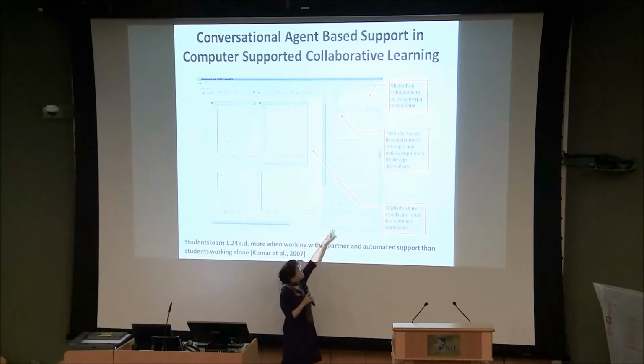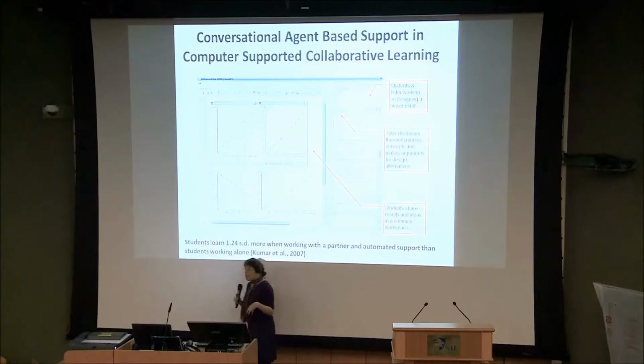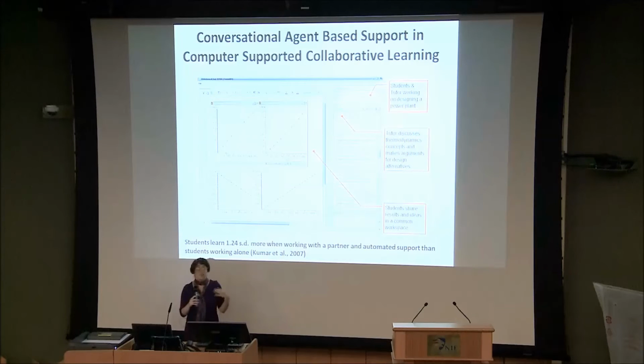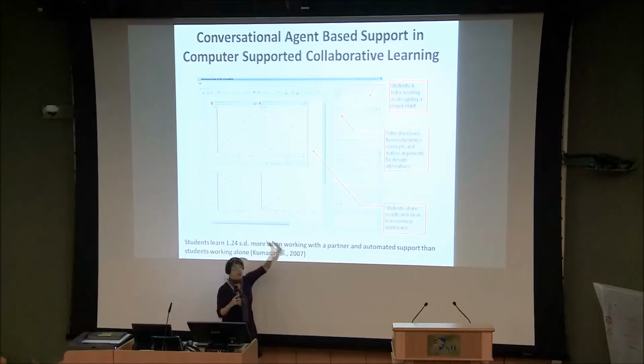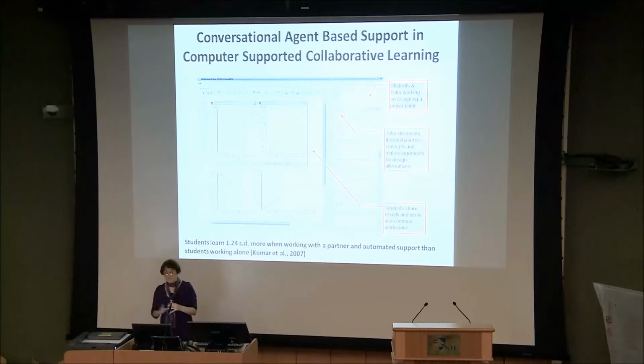But what's important, and what might be slightly difficult to see in this picture, is that we have also built conversational agents that are computer programs that act sometimes like fellow students or sometimes like instructors. And they interact also in these groups to help to structure the activities and support the processes as they're going on. So this is a paradigm for kinds of interventions that we can build with technology.